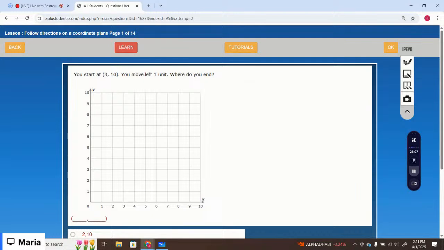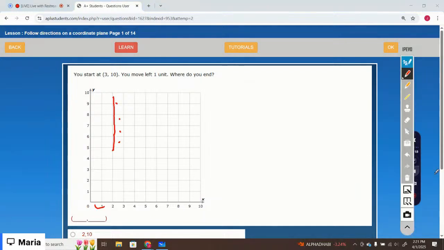You start at 3, 10. You move 1 unit left. You started 3, 10. X is 3, Y is 10. You move 1 unit left. You move from here to here. Where do you end? You need to find where do you end now. The coordinates are 2 and 10 because you moved left, right?